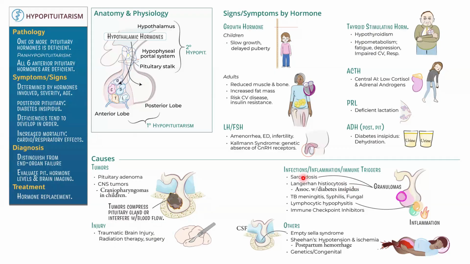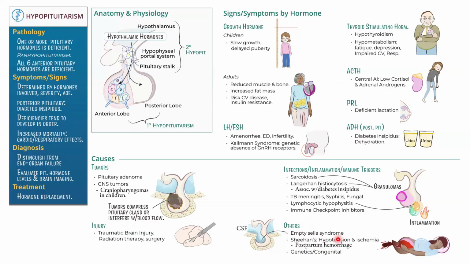Other causes of hypopituitarism are sarcoidosis, which is a disease, TB meningitis, syphilis, fungal infections, and others such as empty sella syndrome. That is where you have CSF, cerebrospinal fluid, compressing the pituitary gland.